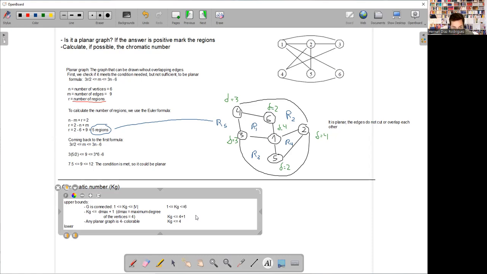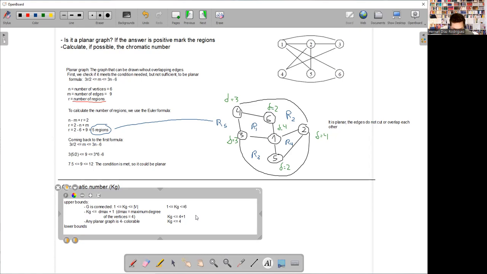And we are going to see the lower bounds. For the lower bounds, we know that if there are cycles of even length, the graph is not 2 colorable, right?